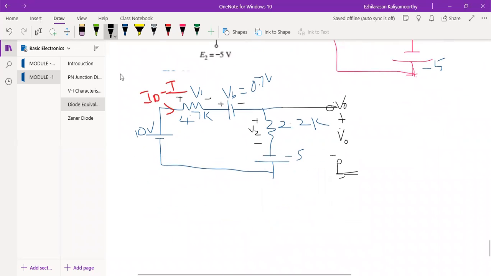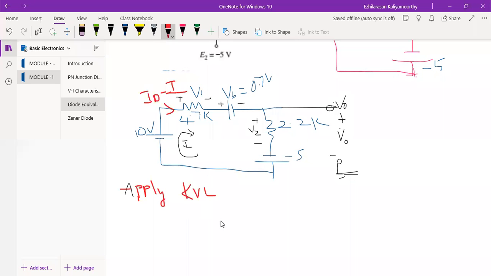Okay. Now what we'll do? Let us check the current I flowing like this. Now what you will do? Apply KVL, that is Kirchhoff's voltage law, in that loop.